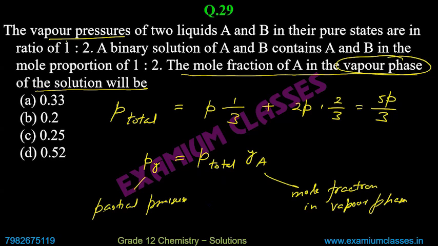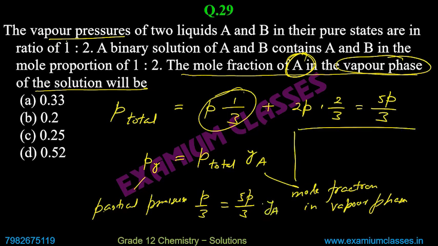What is Py? In case of A, it is P by 3 partial pressure, which is equal to P total. And what is P total? P total you got 5P by 3 into YA.